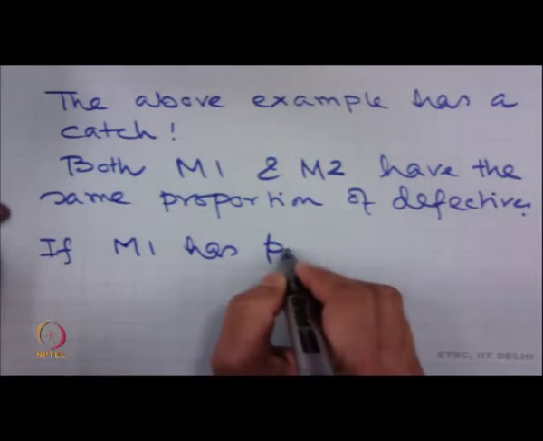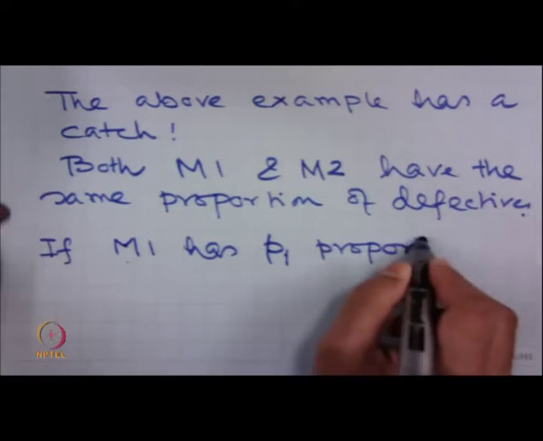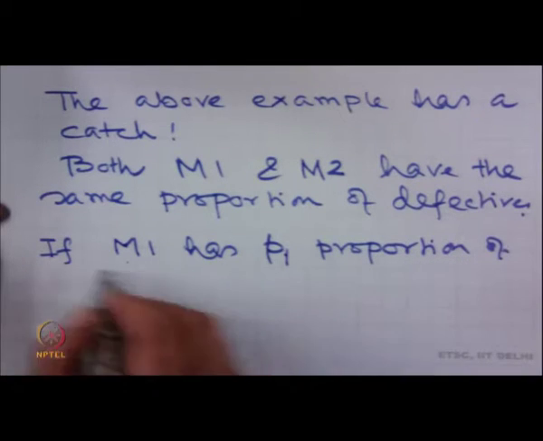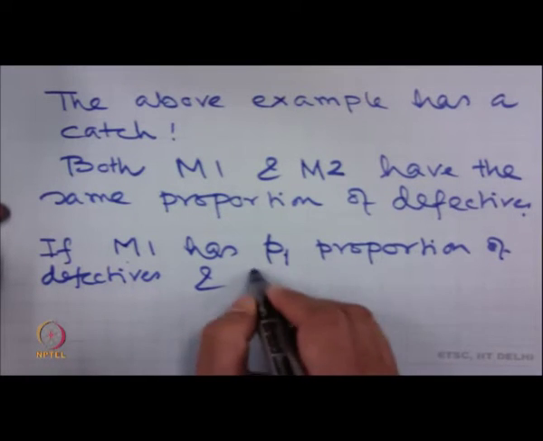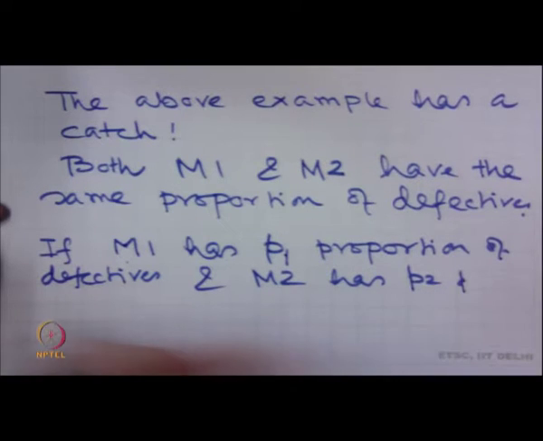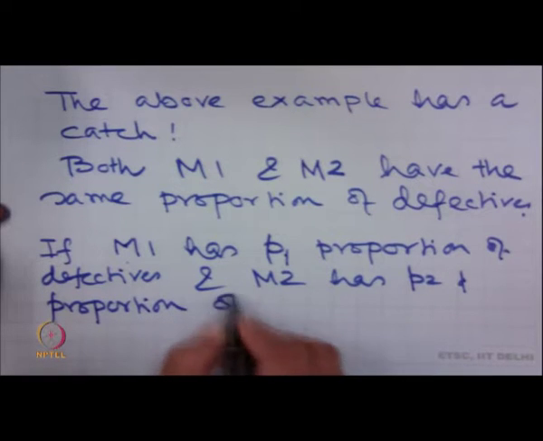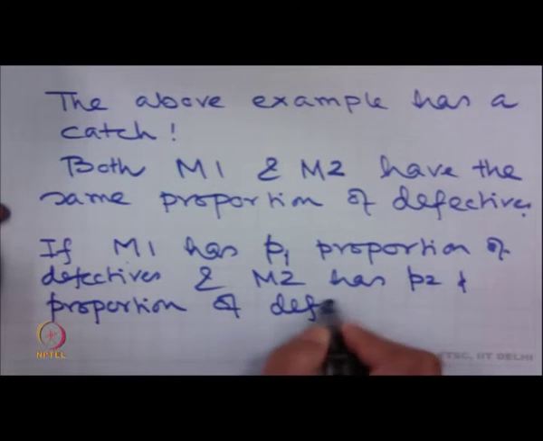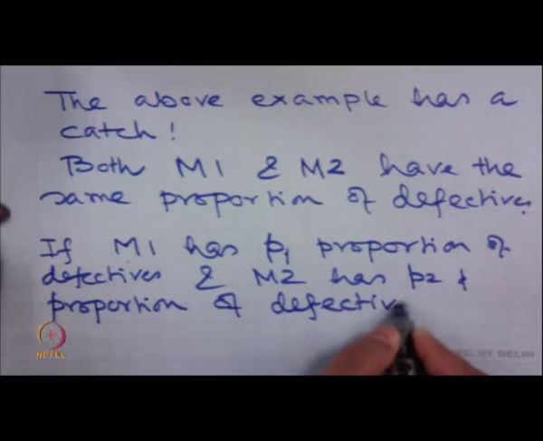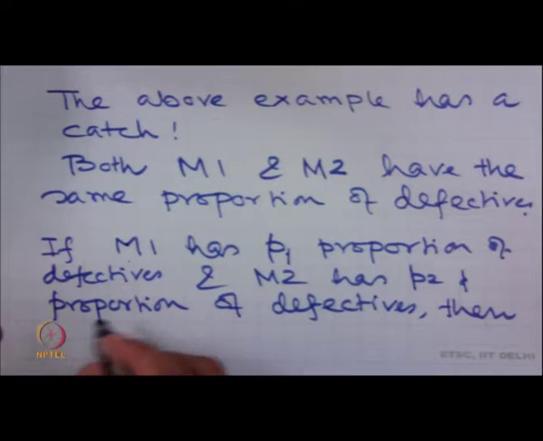If M1 has p1 proportion of defectives, and M2 has p2 proportion of defectives, then we cannot get such a closed form.